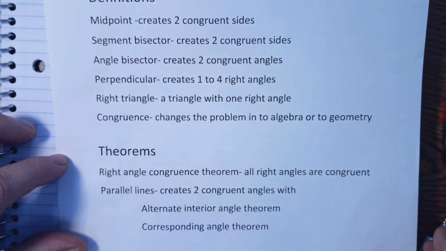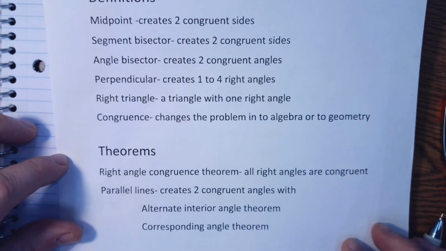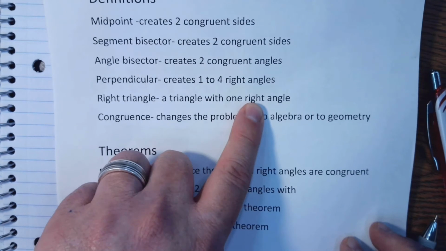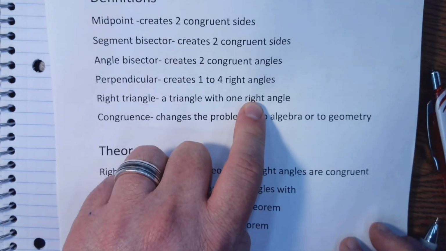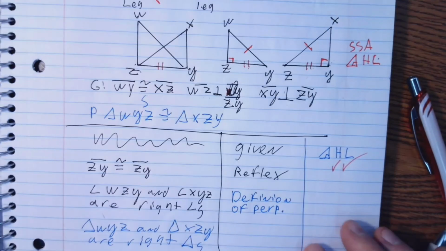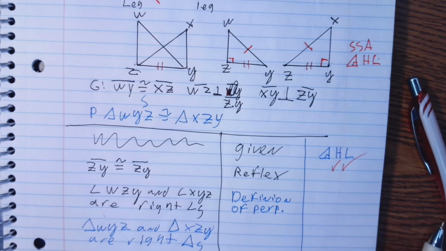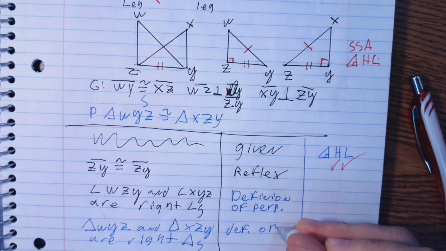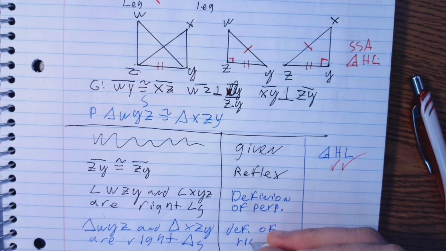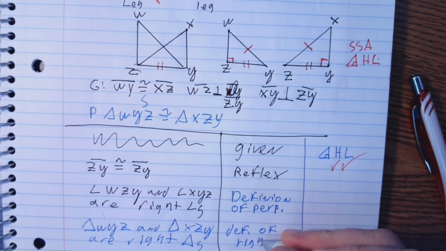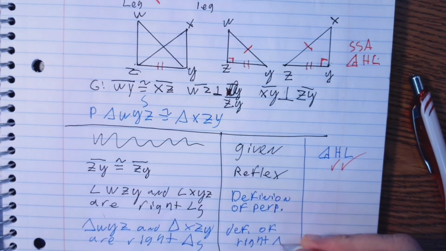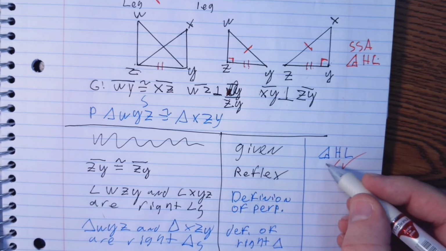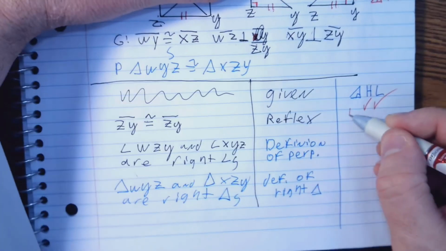Do you have it on your toolbox? You should. Right here, right triangle: a triangle with one right angle. That's the definition of a right triangle, right? Do the triangles have a right angle? So I'm going to write definition of right triangle. And that's what I need. Right triangle, right? Am I done?